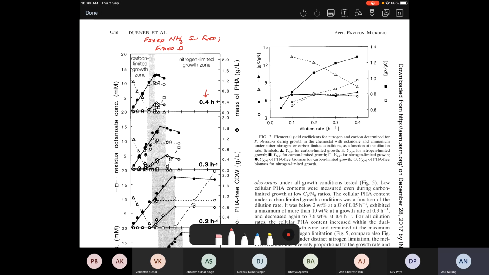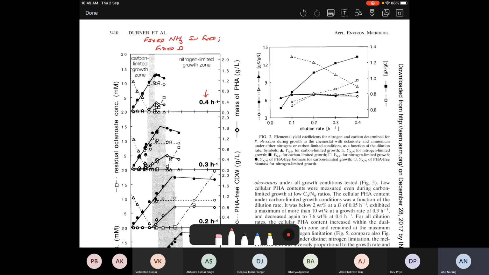At D equal to 0.4, there is a thin shaded part. At D equal to 0.3, that shaded region becomes a little bit thicker, and a little bit thicker at D equal to 0.2, and so on and so forth. The main point is that there is a region in which there is a transition. It's not an abrupt change from one limitation to another. Now, intuitively, you can see that the Monod model is screwed in this transition regime.